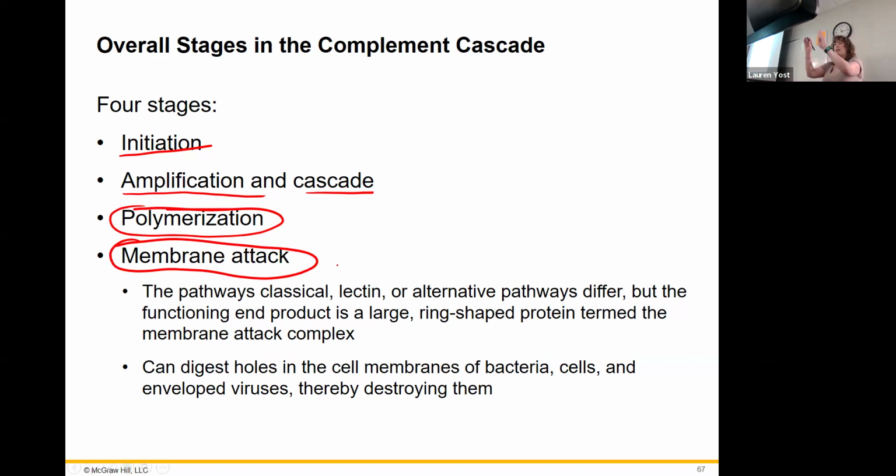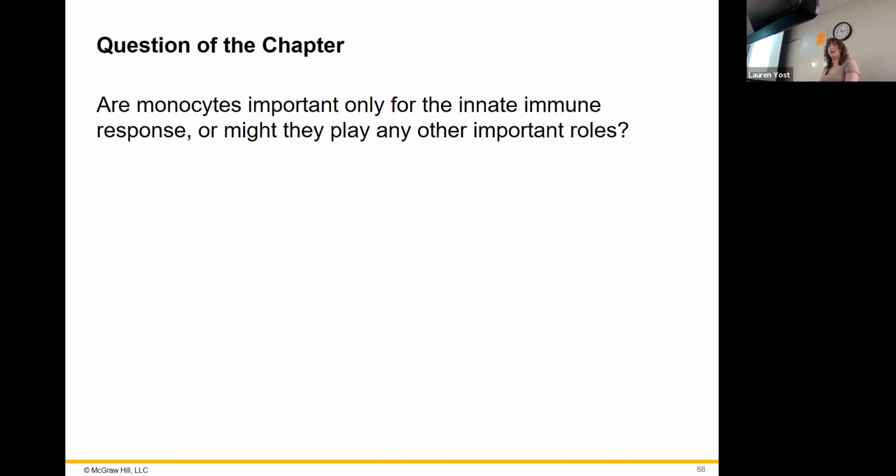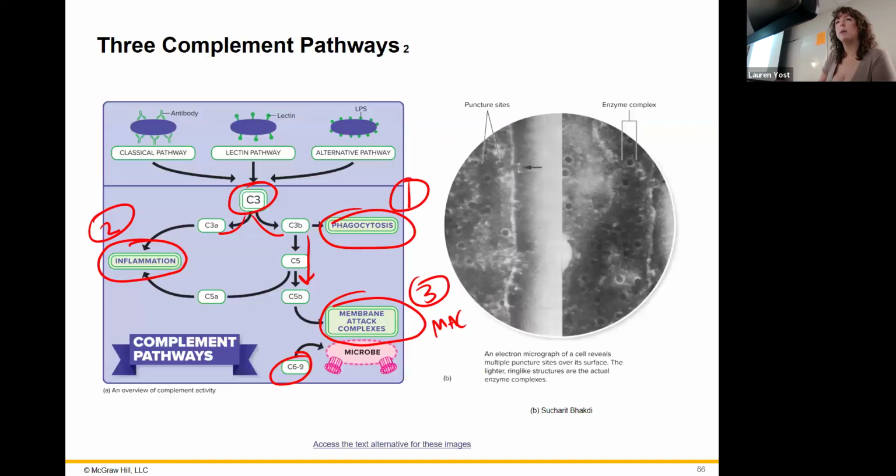Literally, the proteins come together and form a hole in the membrane. We talked about forming holes in membranes before with our chemicals, but this is a little different. These are proteins produced by your body, designed to form holes in these invaders. It's pretty cool. That's the membrane attack complex from complement. Okay, that was everything.